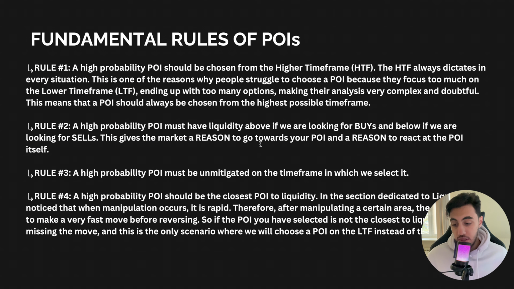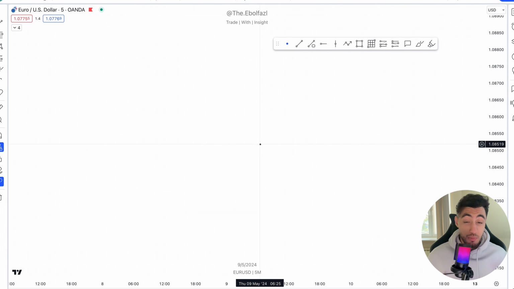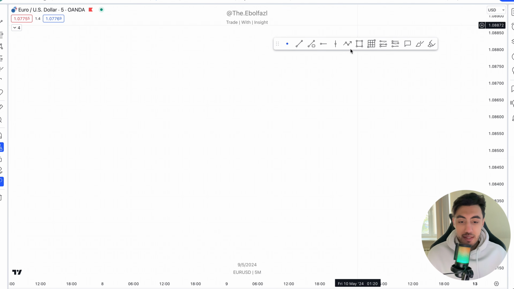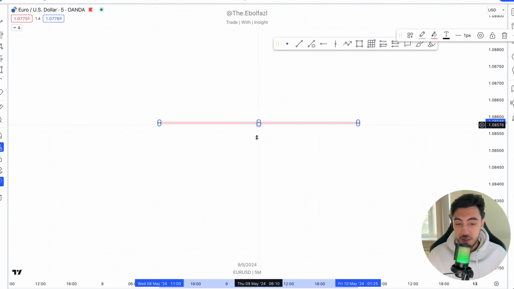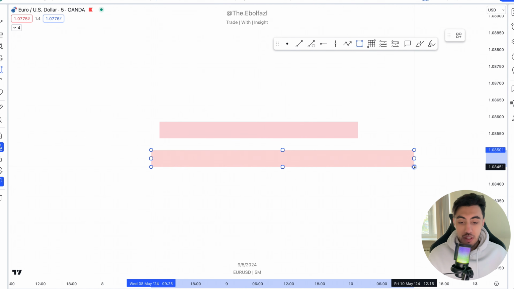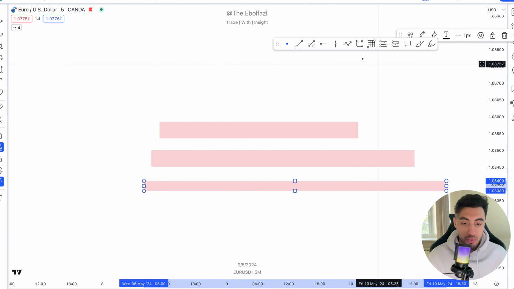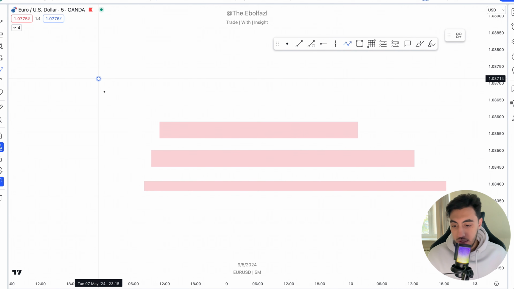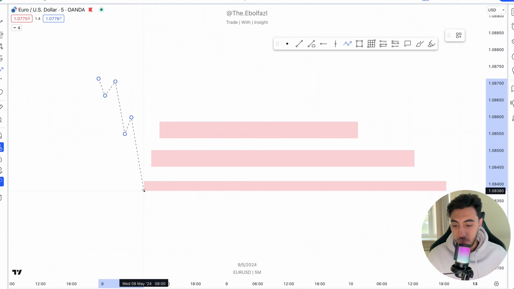So let's go to rule number 3. A high probability POI must be unmitigated on the time frame in which we select it. This is another most important element for choosing your POI. So let's say we have 3 valid POIs here and you are stuck, which are we going to choose?